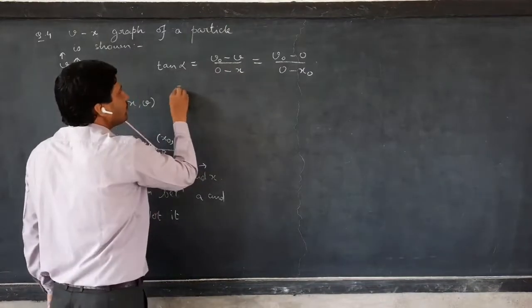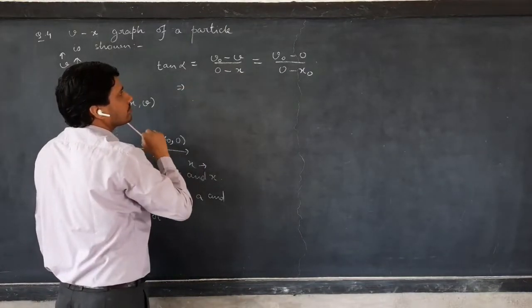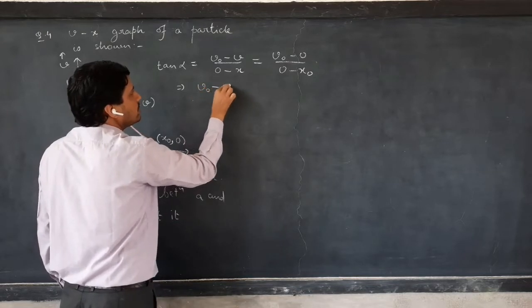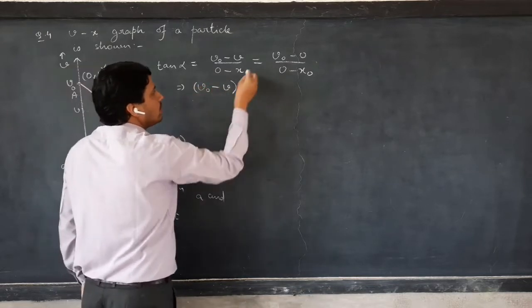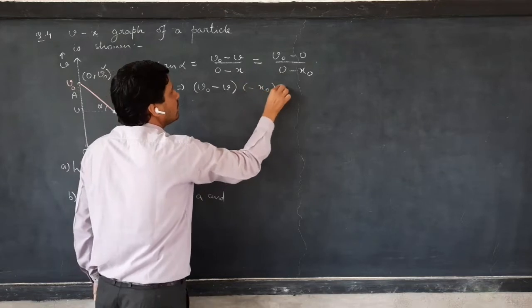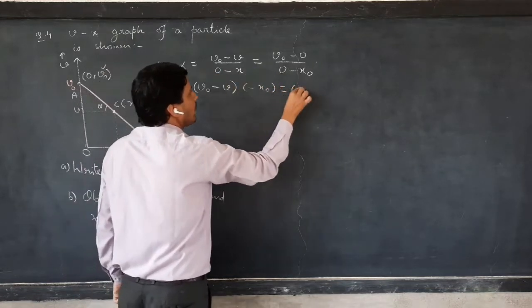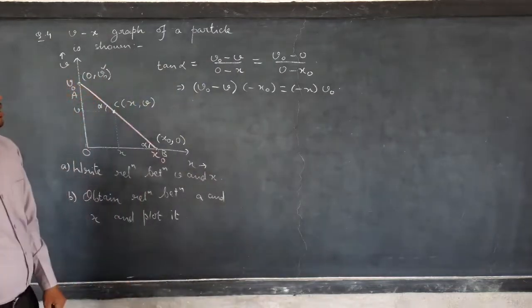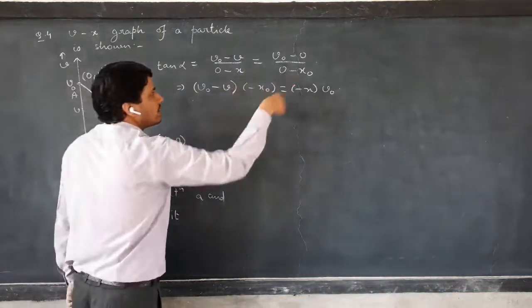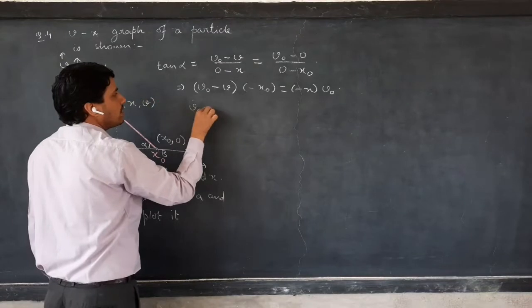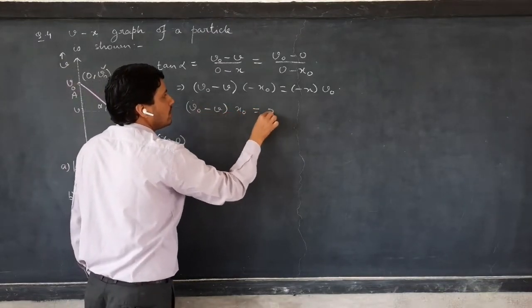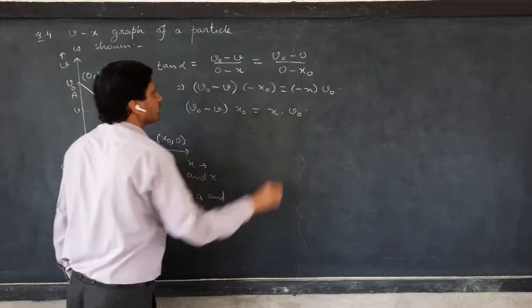So if we simplify it, v naught minus v into minus x naught will become equal to minus x into v naught. So this minus sign will cancel. So v naught minus v into x naught is equal to x times v naught.